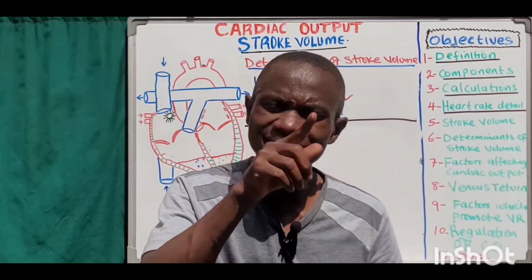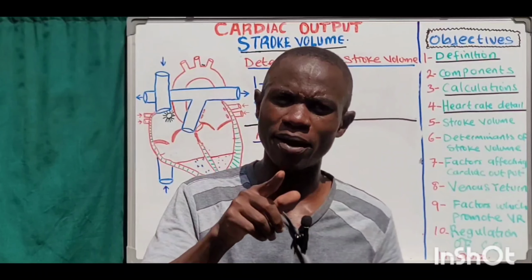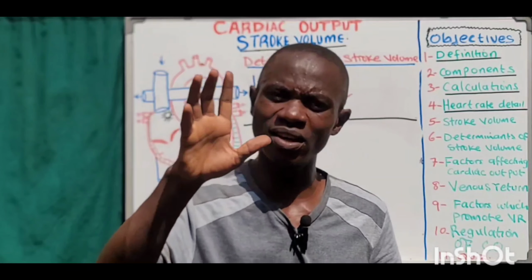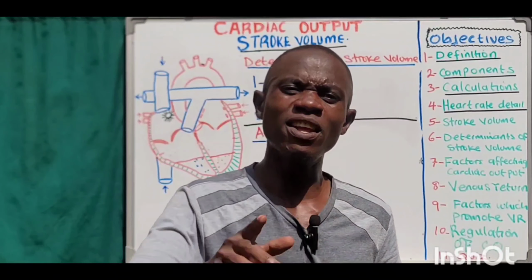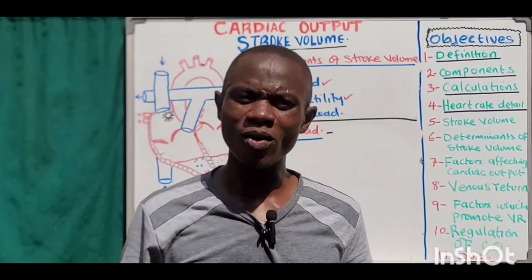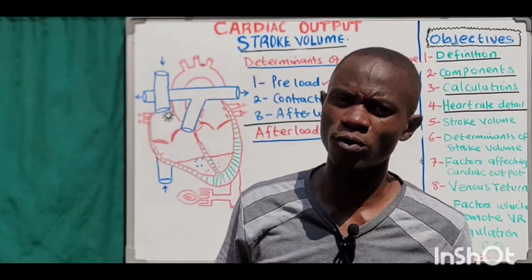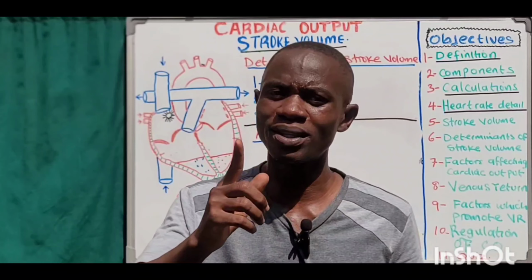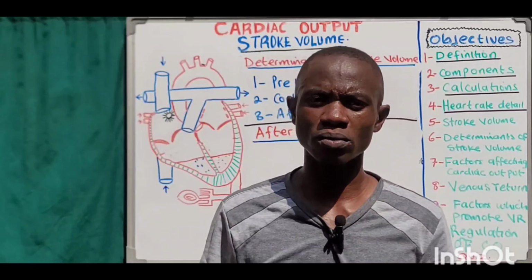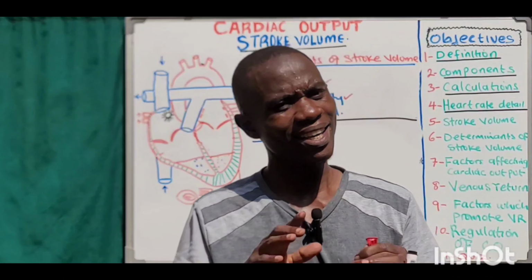All these three circumstances I have just talked about are going to increase afterload. And if you increase afterload, you are going to decrease stroke volume. Meaning that an increase in afterload is inversely proportional to stroke volume.